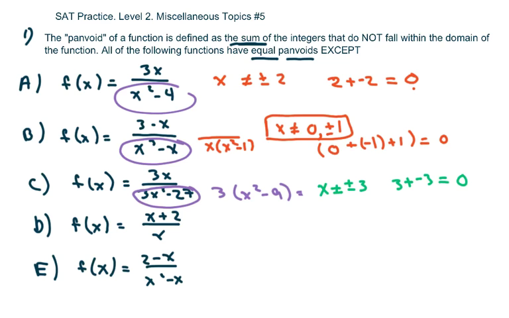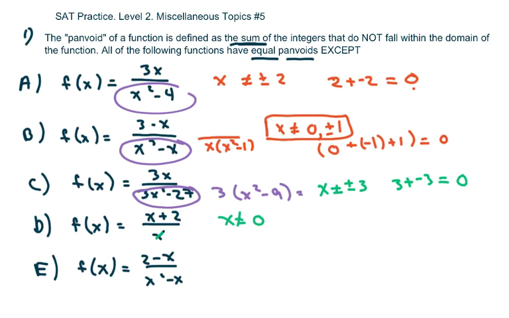Now for D, x can't be 0. So basically we get 0, so there's not a sum there. So we just get 0 there because x cannot be 0.